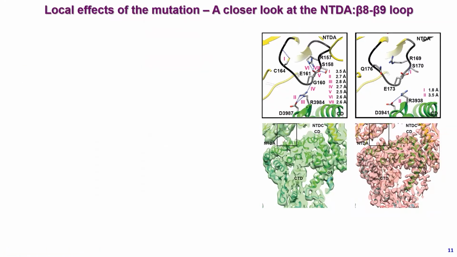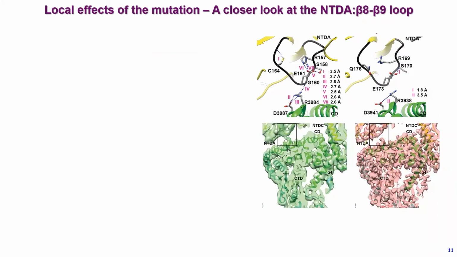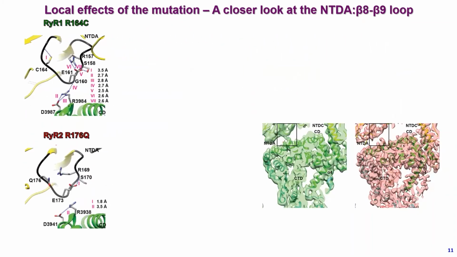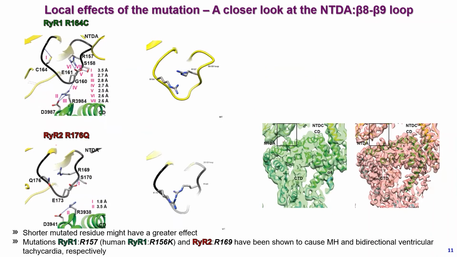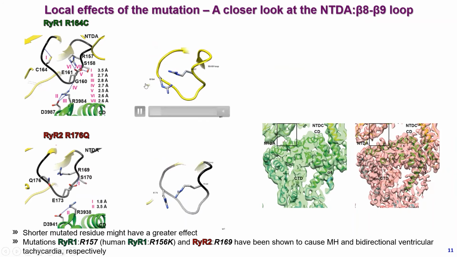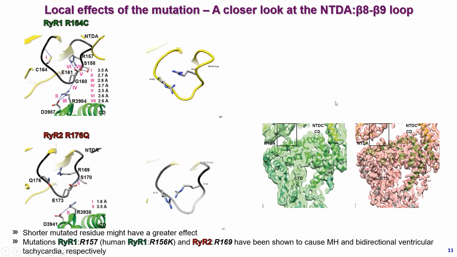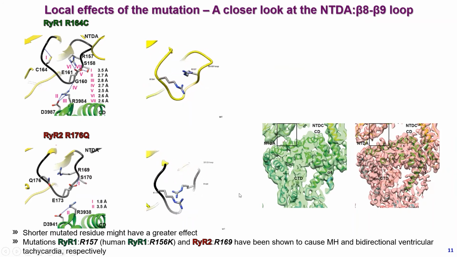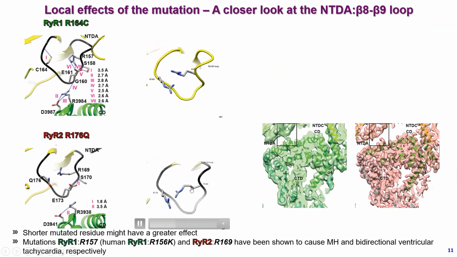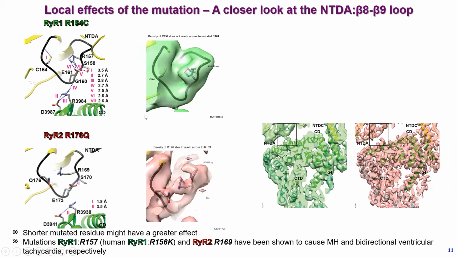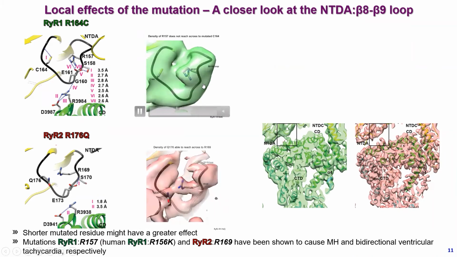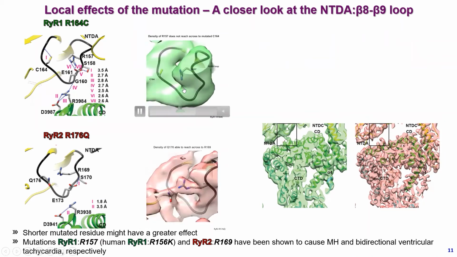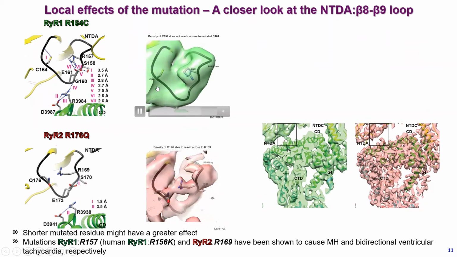A closer look at the loop itself shows that it's held together by an intricate network of hydrogen bond interactions in both mutant RyR1 as well as RyR2. In both structures, there is a pair of arginine residues on the opposite ends of the loop. In mutant RyR2, the arginine on the other end can reach across to the glutamine residue, whereas in mutant RyR1, the arginine is no longer able to reach across to the smaller cysteine residue.